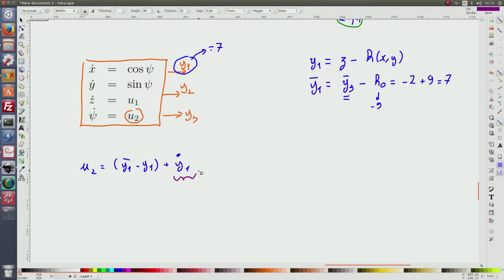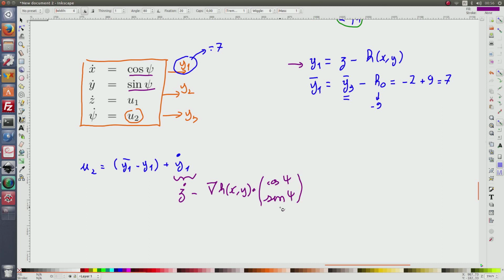And this one, I use this, and I know that it is z dot minus gradient of h of x and y multiplied by x dot, y dot, and x dot, y dot are given here by cos psi, sine psi.